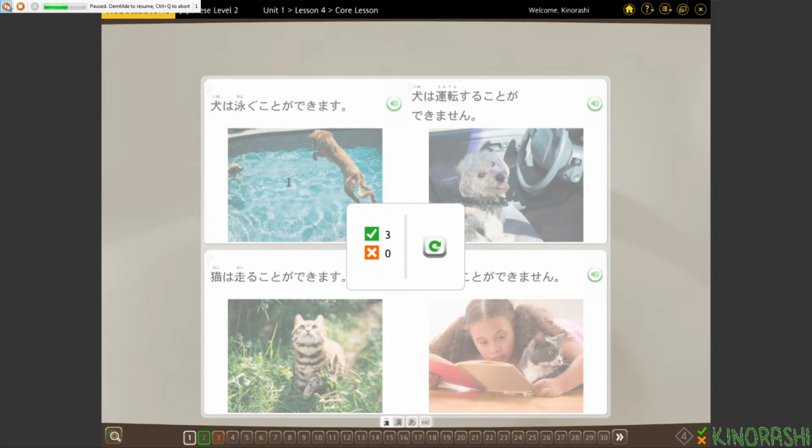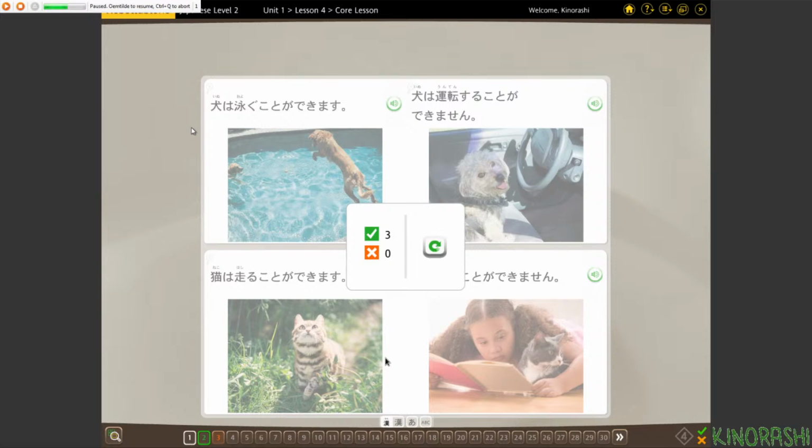Koto, Japanese to English. Let's see what it says. Suru koto ga arimasen. There is nothing to do.